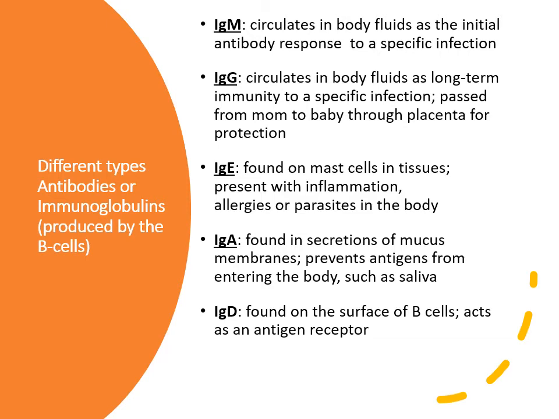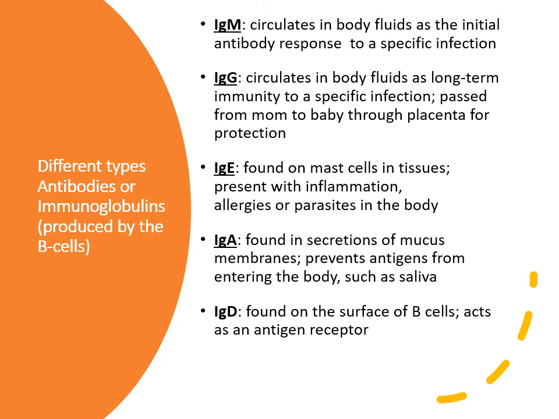IgG, so immunoglobulin G, circulates in the bloodstream once the B cells have created long-term immunity. They produce IgG. So this is really the antibody that lasts for years within the body as a memory to a specific infection.